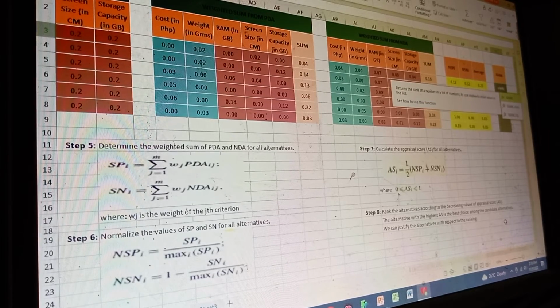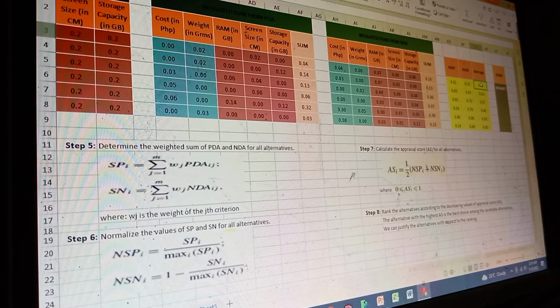Rank this one, wait, sorry. Rank this one, comma, this, down.